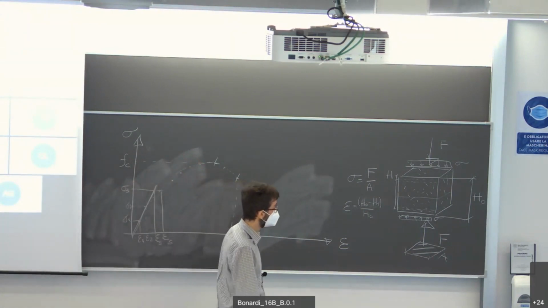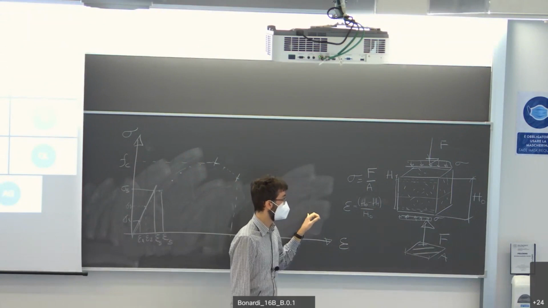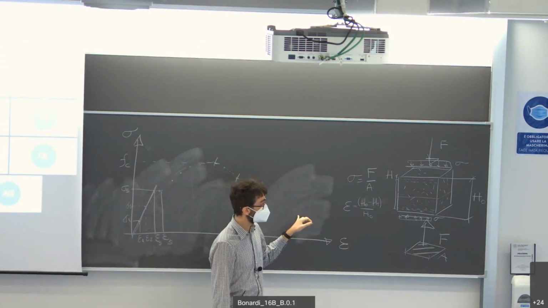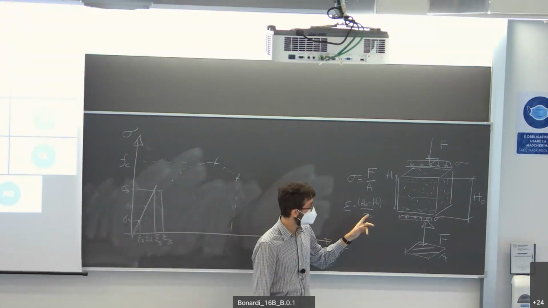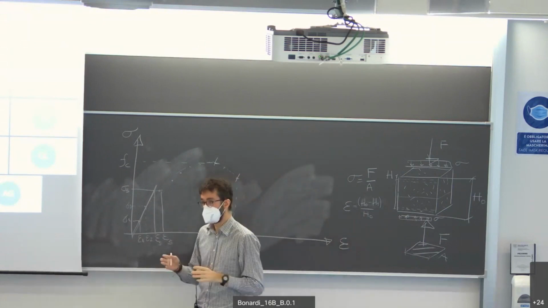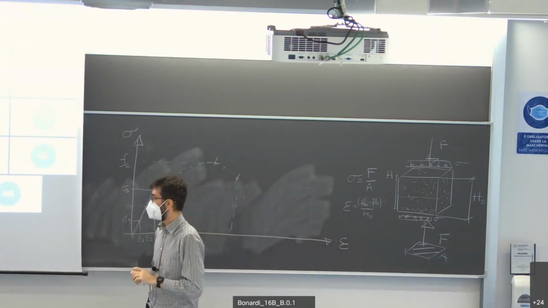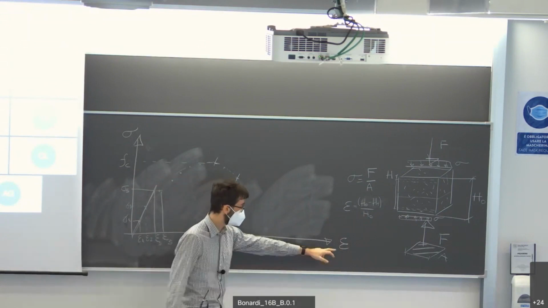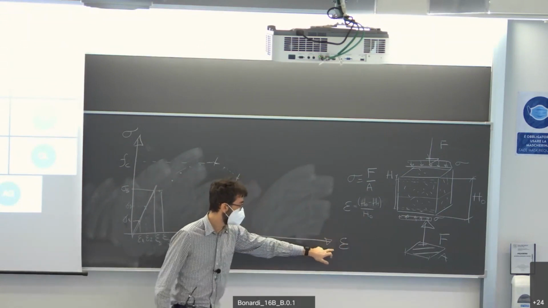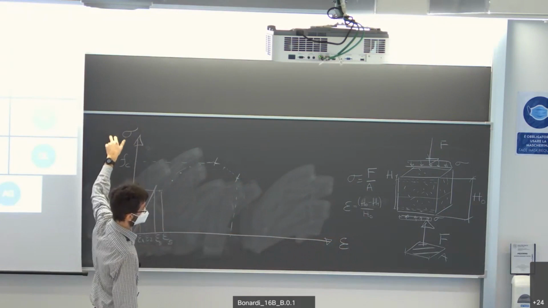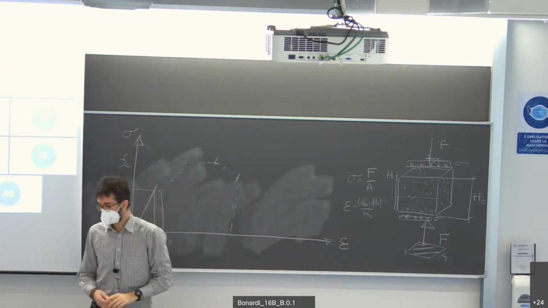And we have said before that concrete and steel, when the perfect adherence holds, will have the same level of strain, but obviously not the same level of stress. Okay?